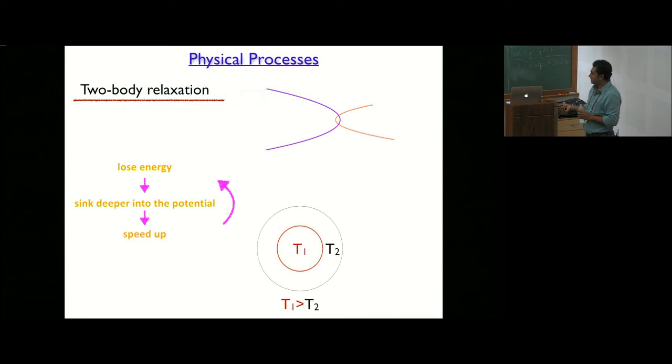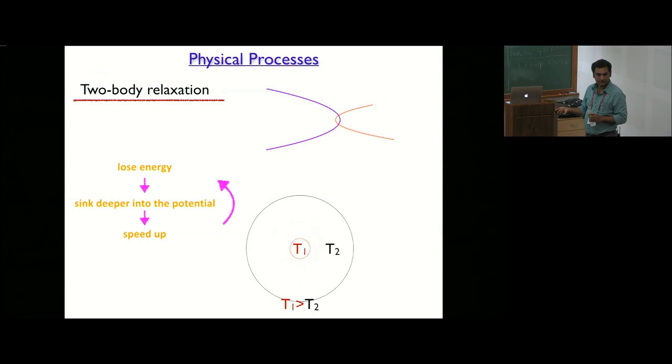So essentially, if you imagine that there is a central part that is moving faster, because it's a gravitationally bound system, and outside that is moving slower, and velocity squared is roughly energy, which is kT. So you can imagine that this is a thermodynamic system. Inner part has a temperature, outer part has another temperature. Inner part is hotter than the outer part. So energy flows from inside to outside. As energy flows from inside to outside, because of negative heat capacity, even more energy flows from inside to outside. And this is the runaway process.